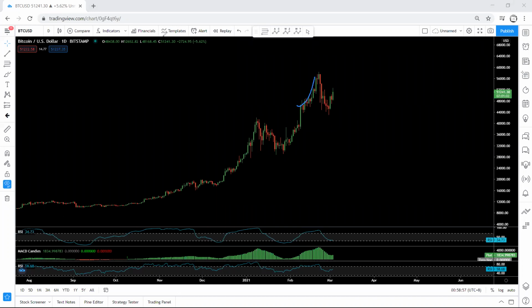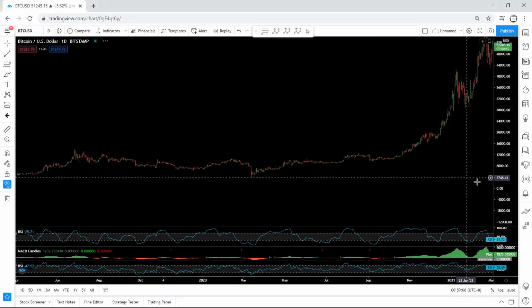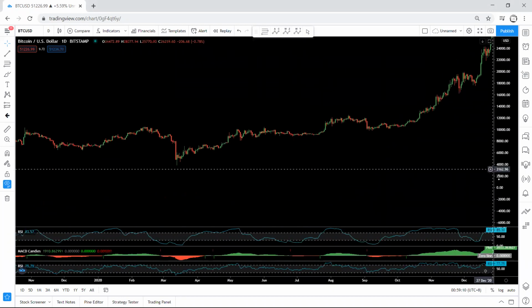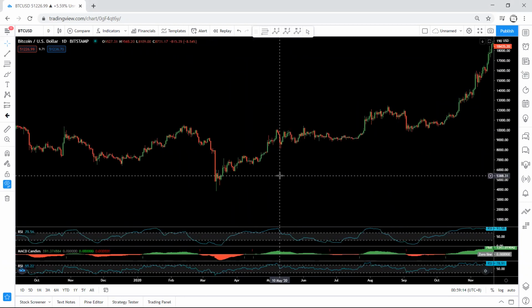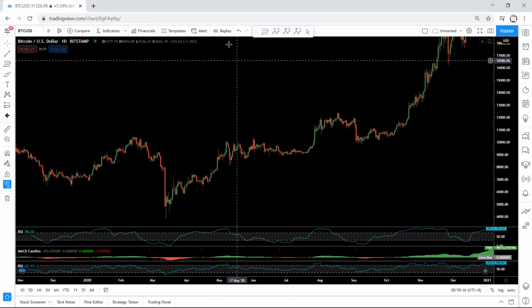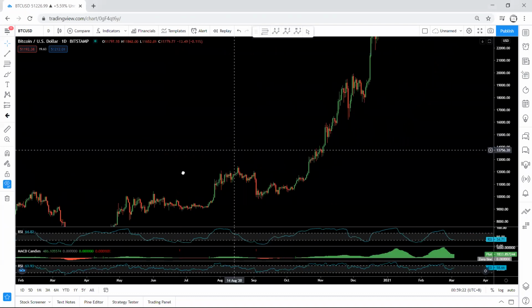Now what we want to talk about is whether we can put this one in relative to this for continuation or not. If we refer to the chart, this is almost the lowest price we got in 2020. After that, we can see the price start an uptrend. We had a correction, but we didn't have a flat at all.